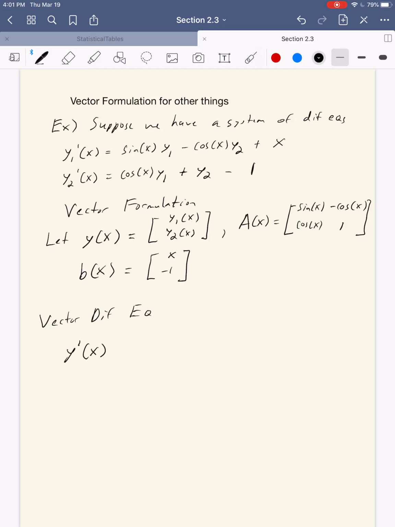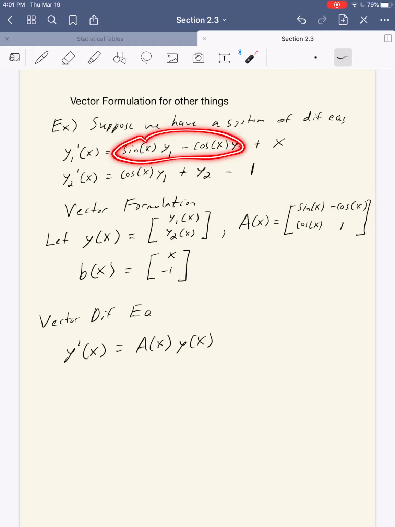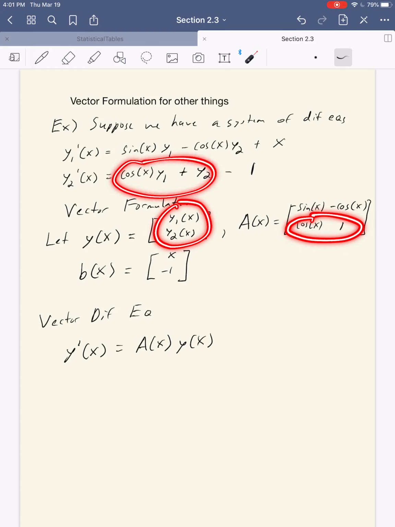From our last video, you know that when you take the derivative of a matrix or of a vector function, you just take the derivative of each component. So that would be y1 prime and y2 prime. And then we could say that that is equal to A of x times y of x. You can imagine you take your row times this column, and that gives us this first part, and this row times this column gives us this second part.